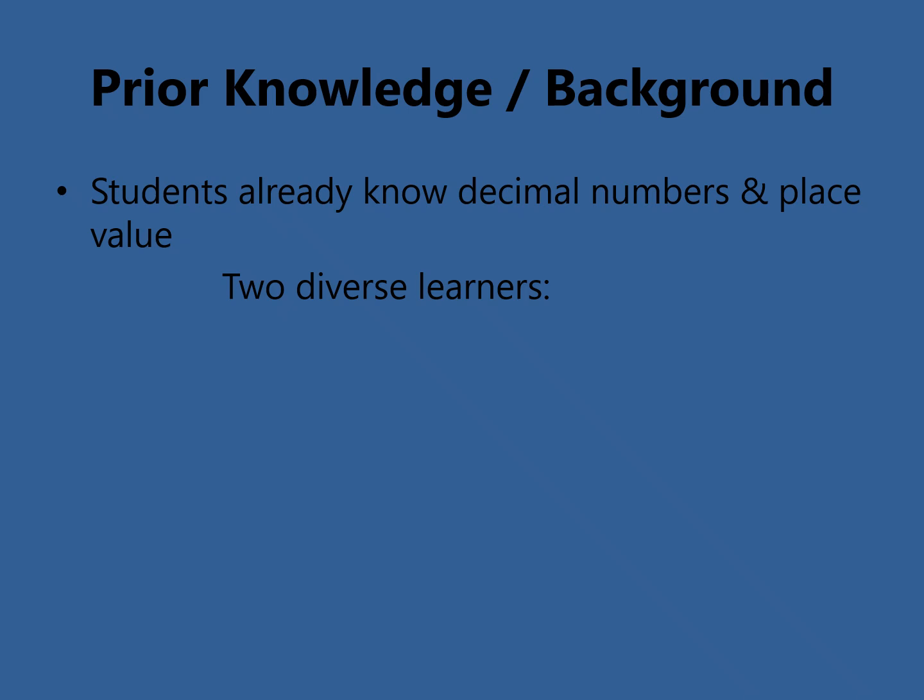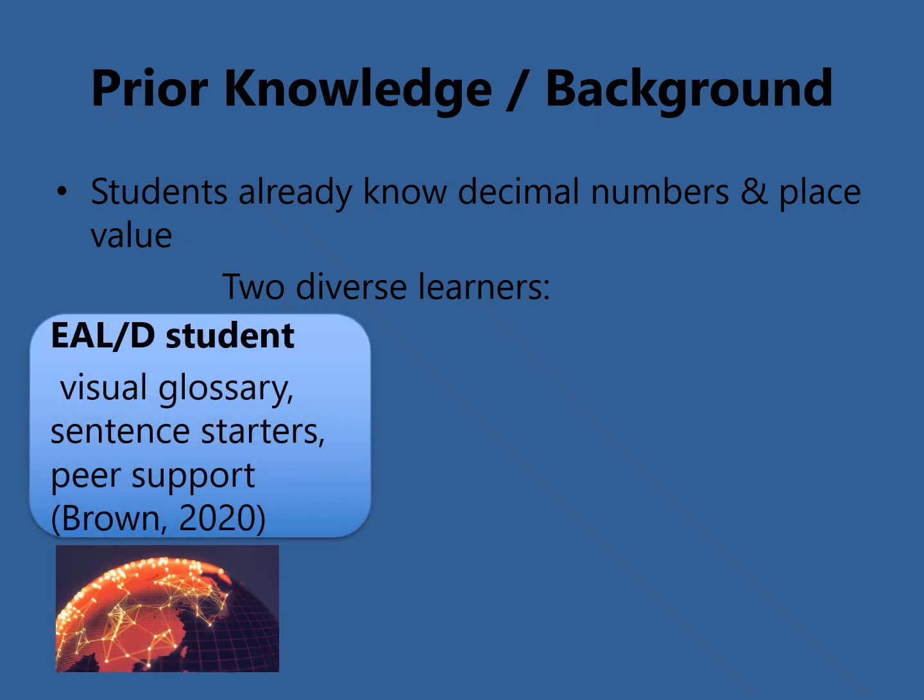Before we start, students are expected to know decimal numbers and place value. For our diverse learners, I will provide support tailored to their needs. Our EALD student will have access to visual glossaries and peer support, which research by Brown in 2020 shows helps English learners access content effectively.